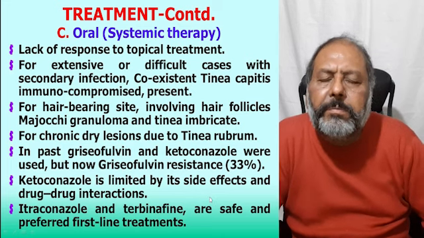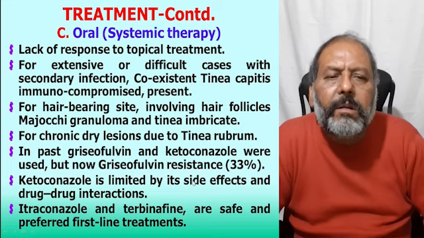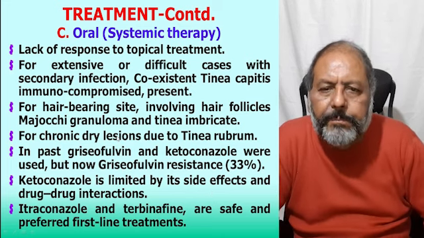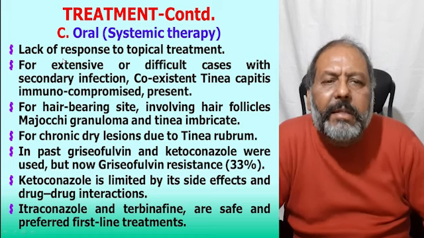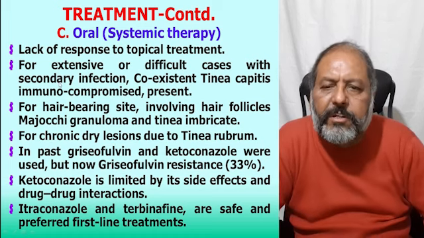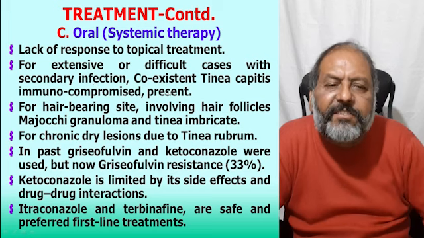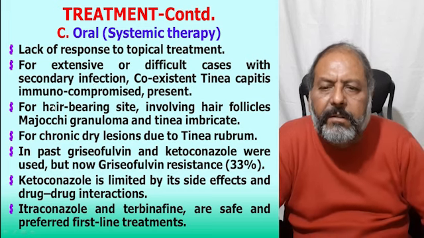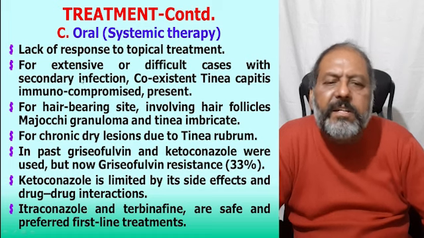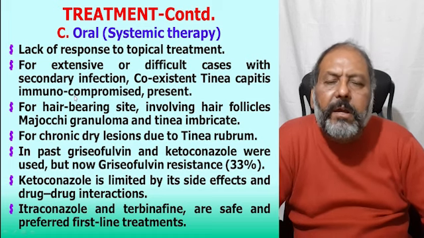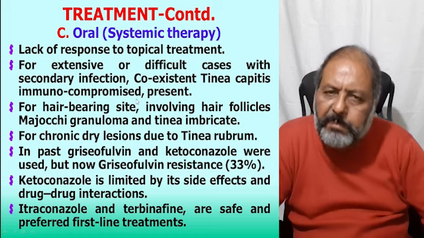The third treatment part is oral or systemic therapy. That is used only when there is lack of response to the topical treatment, for extensive or difficult cases with secondary infection, coexistent tinea capitis, or in immunocompromised patients.